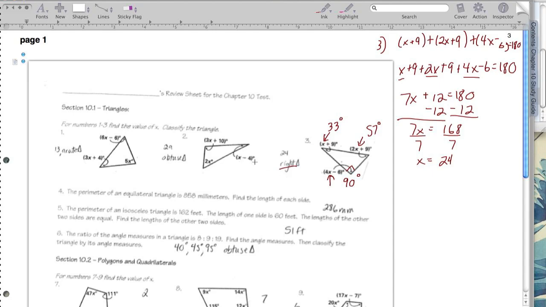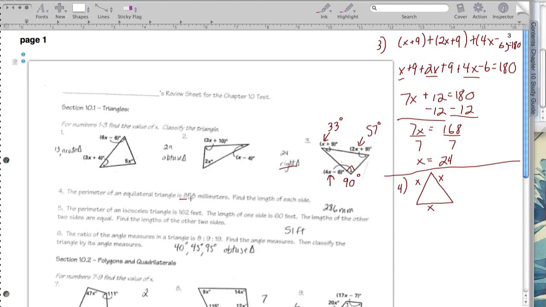Okay? Number 4, the perimeter of an equilateral triangle is 858 millimeters. Find the length of each side. So we have an equilateral triangle, we can draw it out. We know that each of our sides are going to be the same. They're talking about the perimeter. An equilateral refers to sides, so we know that they're each going to be x.